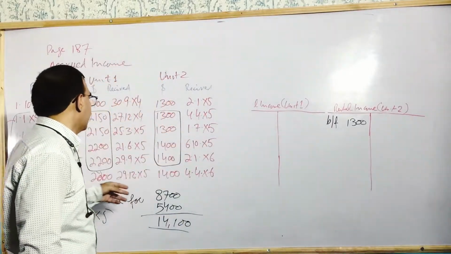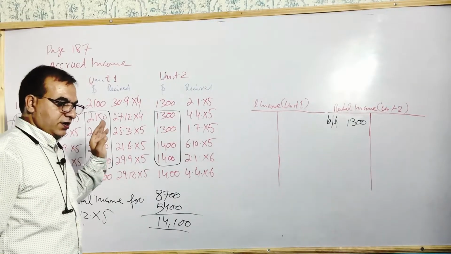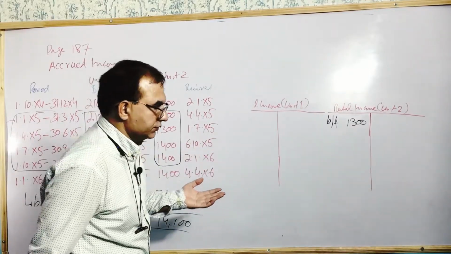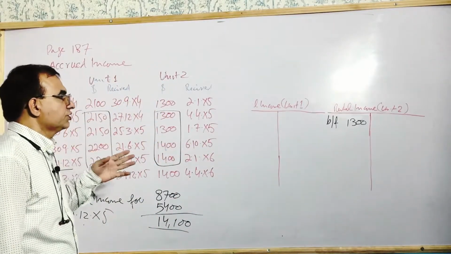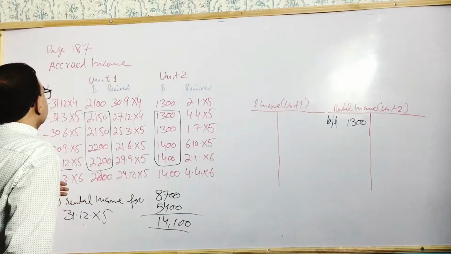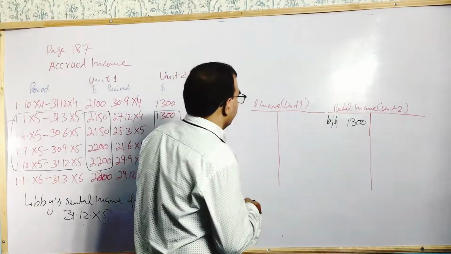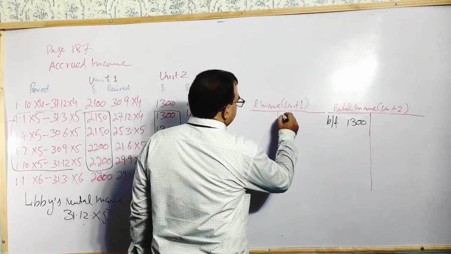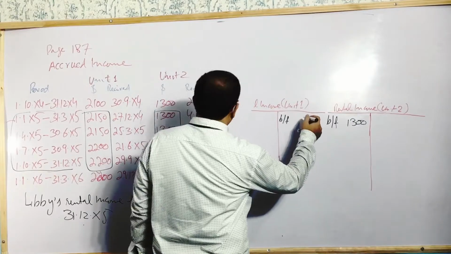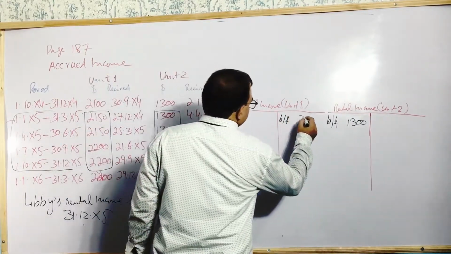But for unit 1, the payment relating to the first quarter of 2015, we have already received in December 14. Related to 15, we received it in 14. So it was received in advance, and we agreed that it's a kind of liability. So liabilities opening balances come on this side. How much was this? It was 2150.